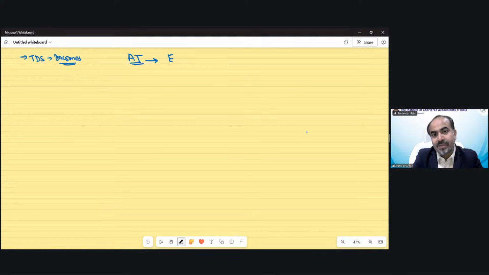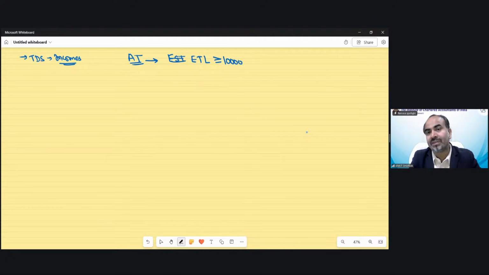If your estimated tax liability exceeds or is more than 10,000, the government says that if you are a person, whether individual, HUF, etc., and your estimated tax liability for this previous year is going to exceed 10,000 or more, then that amount of tax, suppose it is 40,000 rupees, we will not wait to collect at the time of filing your ITR.